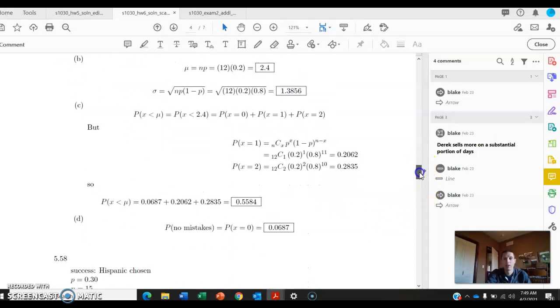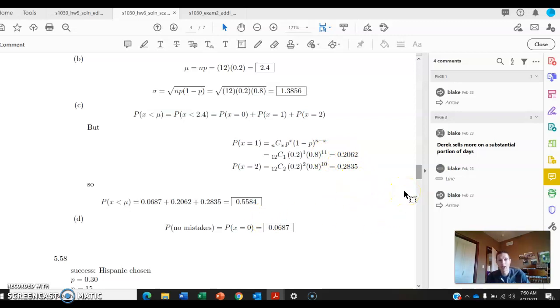The calculation is, way down here, the probability of one person being truthful, or in this case, one person being deceptive, is nCx multiplied by the probability to the power of x, times 1 minus the probability to the power of n minus x. In this case, we have 12C1 times 0.2, so 20% likelihood, to the power of 1, times 0.8 to the power of 11, to total that.